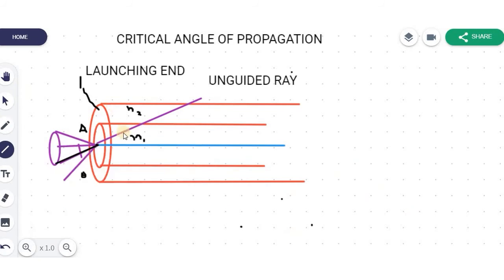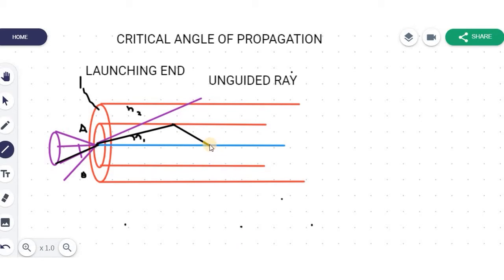Here it should reach the core cladding interface. What I drew was not at the core cladding interface. That was the problem actually. Okay, now it's clear.